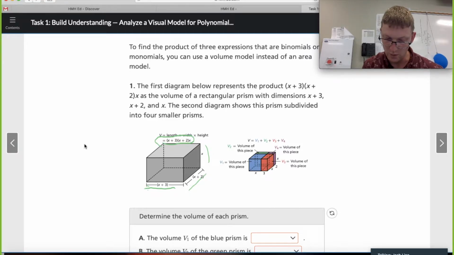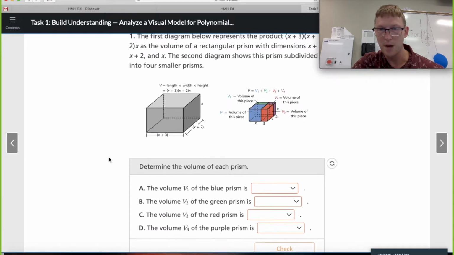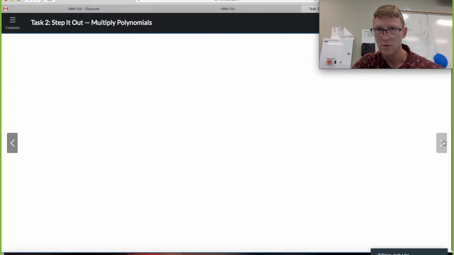When we work out all that math, we will come up with a similar situation to right here. It's the volume of the first rectangle, the second, third, and fourth rectangle all added together. So you can find the volume of all of those things. We're going to skip right over into multiplying binomials and polynomials together, because I think once you know how to do that, this will be a piece of cake. So let's do it.